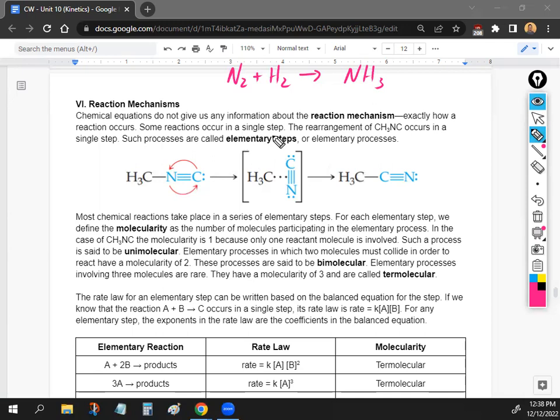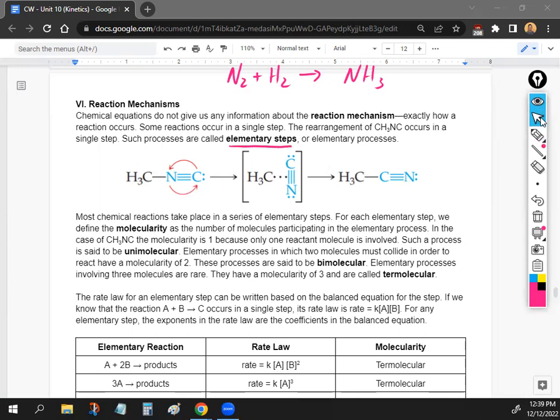Now, some of them take place in a single step. So we got a chemical reaction right here, and it takes place in one step where the N and the C basically rotate and the C bonds with the other C. Okay. Now, these steps that take place in a reaction are called an elementary step. So you might want to jot that down.